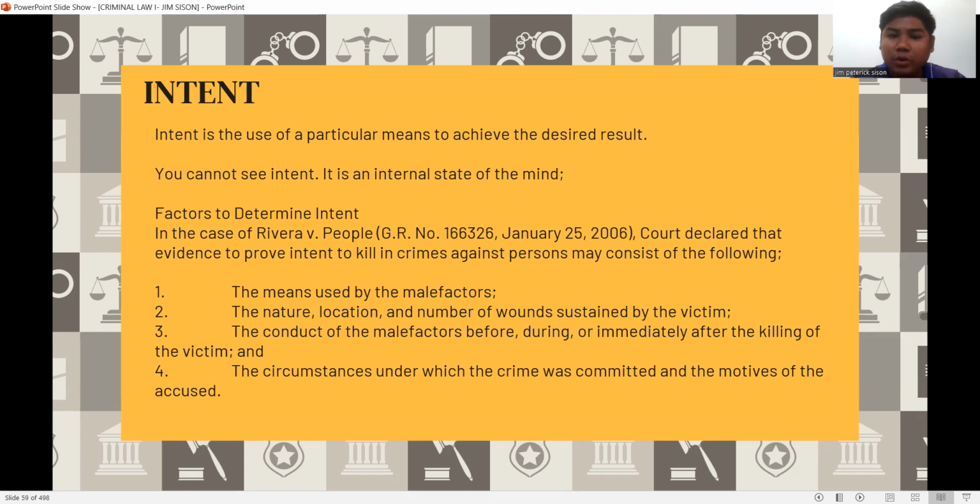Second, the nature, location, and number of wounds sustained by the victim. Number three, the conduct of the malefactors before, during, or immediately after the killing of the victim. And number four, the circumstances under which the crime was committed and the motives of the accused. So you should take note of this and familiarize yourself with the factors to determine intent.